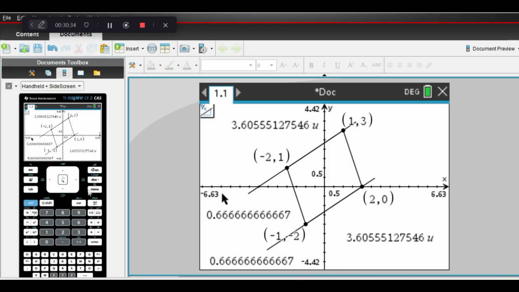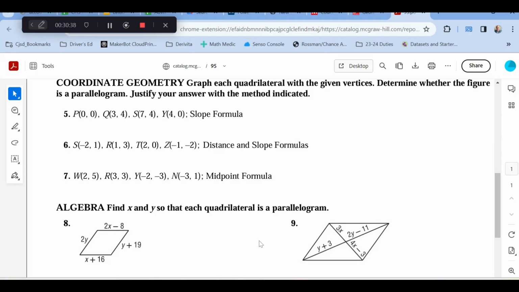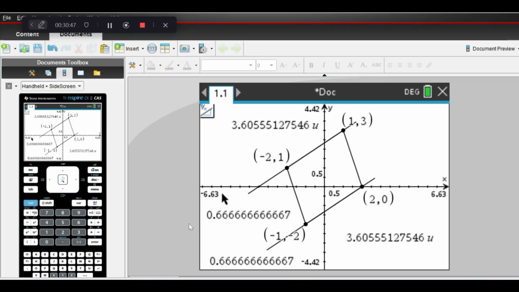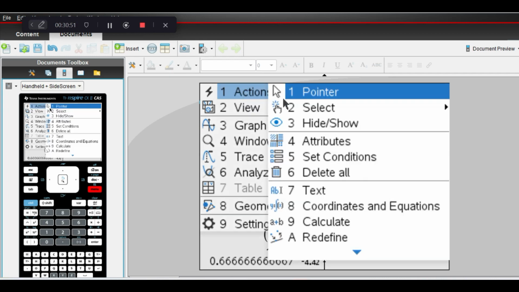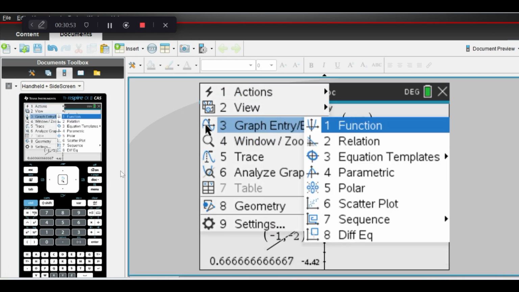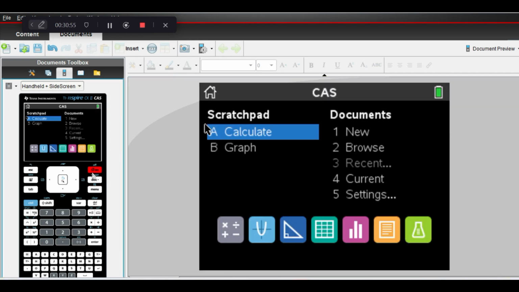Okay, one more real quick, and then let's see the rest of this work. I'll do this midpoint formula. Let's do that one real quick. So here we go, menu. Let me just get a new document. Let's just start this out new.